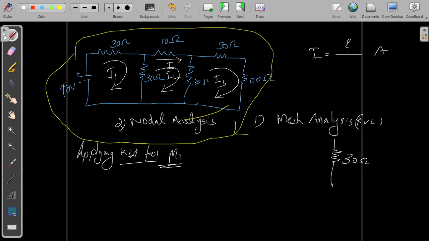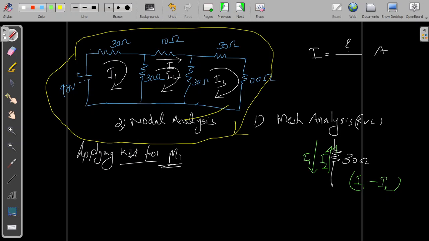I1 is flowing downwards, whereas I2 is flowing upwards. So I'm considering it as I1 minus I2, because I1 and I2 are in opposite direction. When you algebraically sum these two currents, I get I1 minus I2 flowing through the 30 ohm resistance.